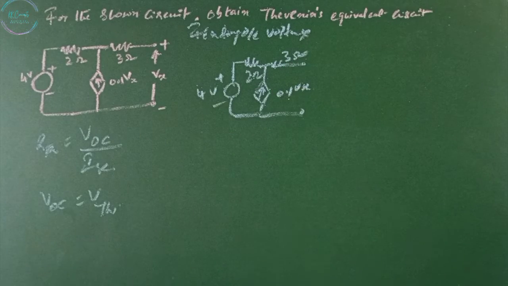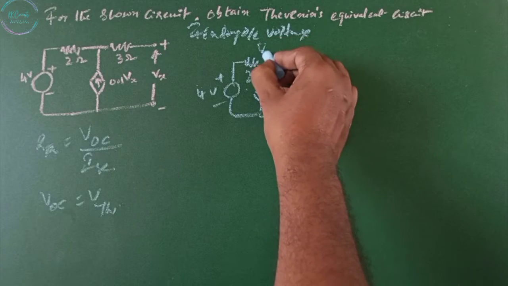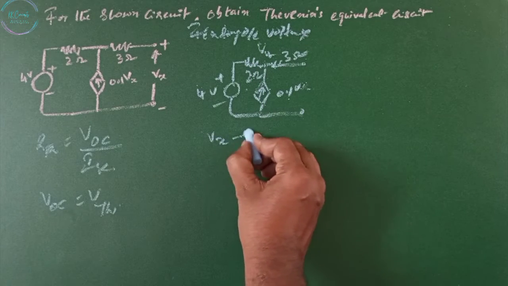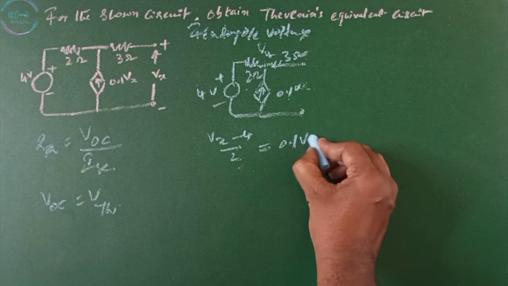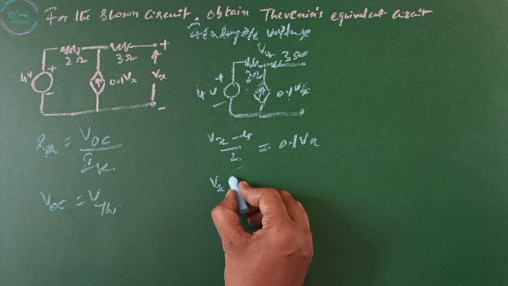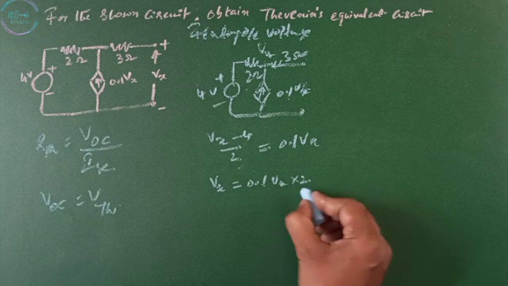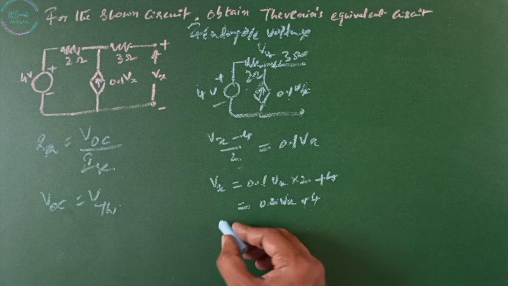Since it is open circuited, the current passes through 2 ohms only. This is our Vx. By using nodal analysis, (Vx minus 4) by 2 ohms equals 0.1 Vx. Vx equals 0.1 Vx into 2 plus 4, that is 0.2 Vx plus 4.